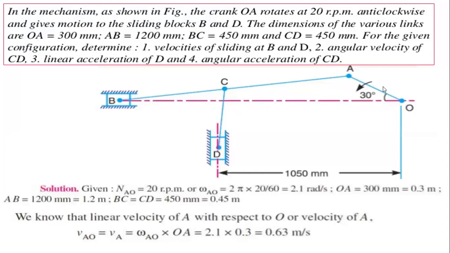So it is 2.1 into 0.3. Here 2.1 is the angular velocity in radians per second, and the length of the OA crank link is 300 mm, which in meters is 0.3. In total we get a value of 0.63 meters per second. So this is the velocity for the OA link, 0.63 meters per second.